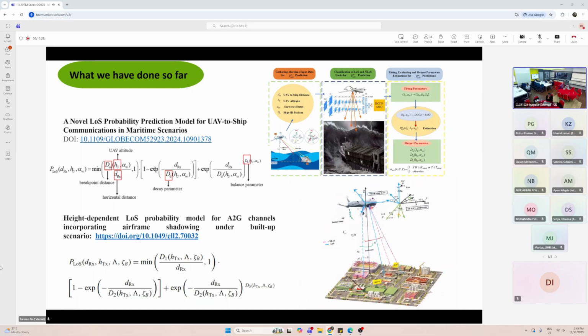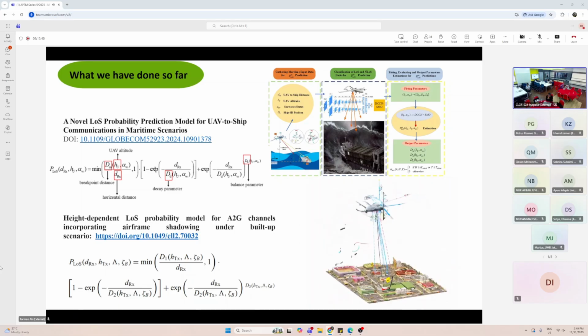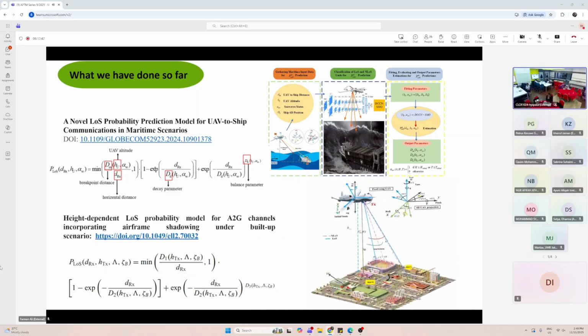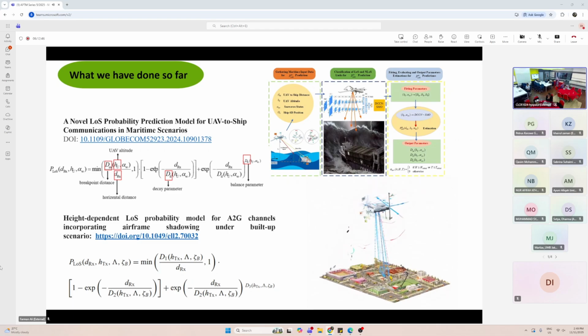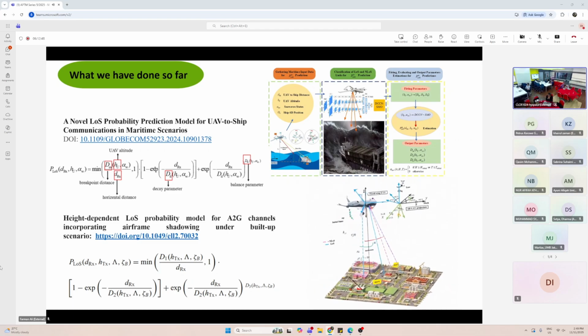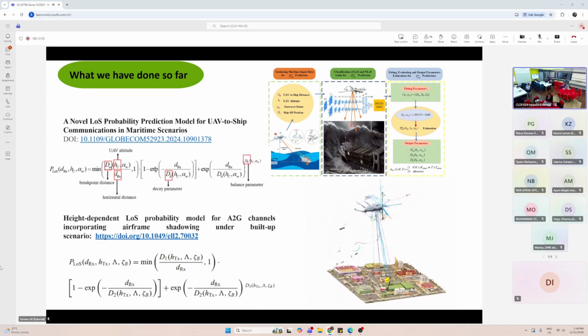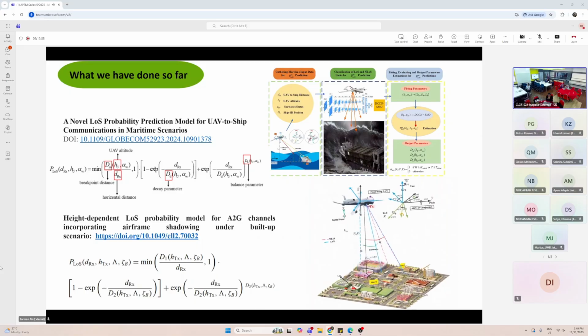We also used an AI model, a dual deep convolution network, to classify the line-of-sight and non-line-of-sight links between the UAV and the ship.